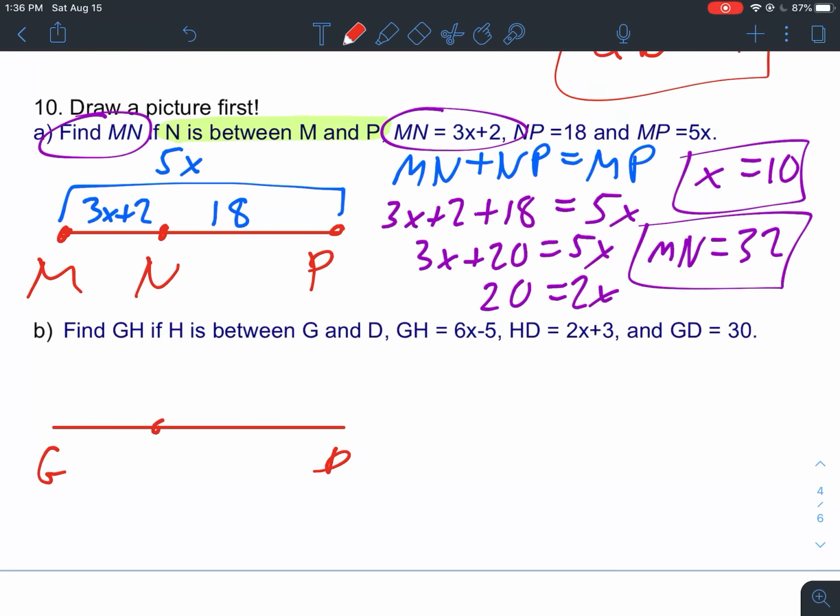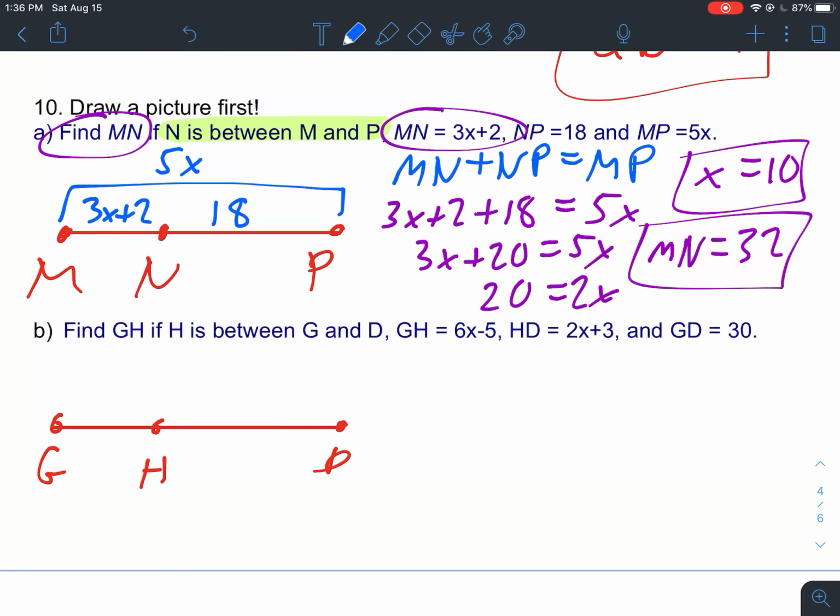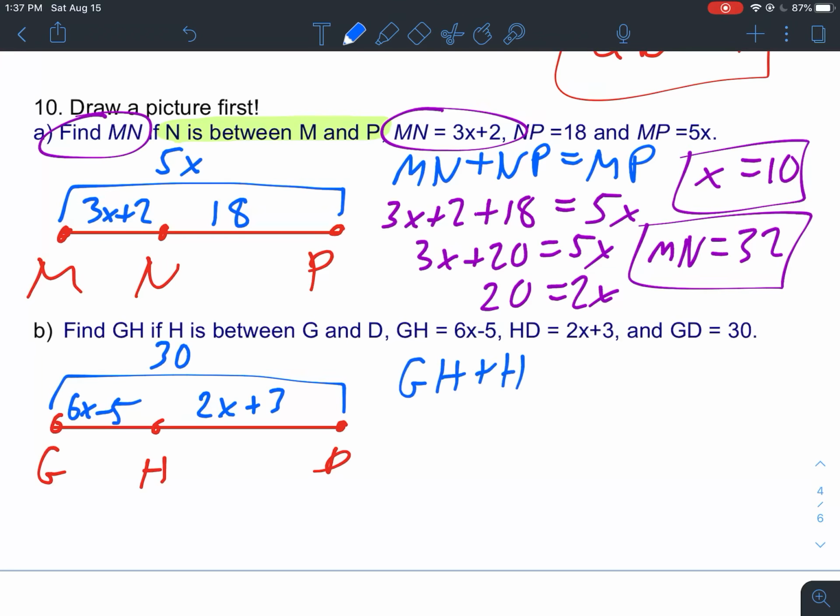Okay, hopefully you started by doing this and labeling that GH is 6x minus 5, HD is 2x plus 3, and GD is 30. And then we know GH plus HD equals GD.